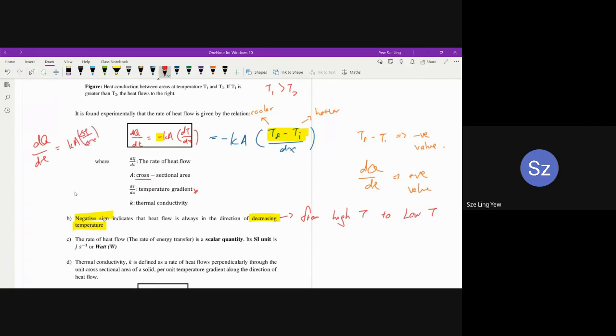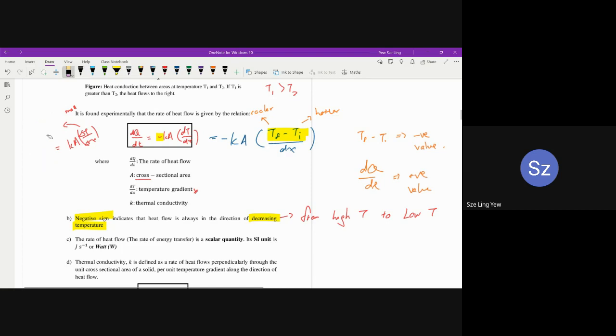The reason they don't put a negative sign here is that they have already included it in the delta T. That's why the delta T in revision books is T large minus T small. But in terms of concept, this is actually wrong, because you need the negative sign in the equation as it shows you the direction of heat flow. It's just a shortcut, but you shouldn't use it.